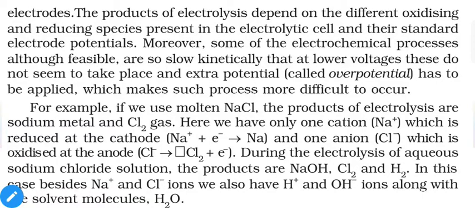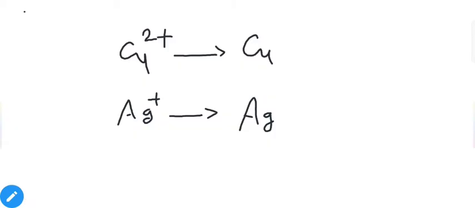But in short, quickly understand that if you have copper and silver at the same time in the same solution, then what will happen? Both of them will try to reduce themselves because they are comparatively non-reactive, or their atomic states are more stable than their ionic states. So they will try to convert themselves into atoms by accepting electrons.